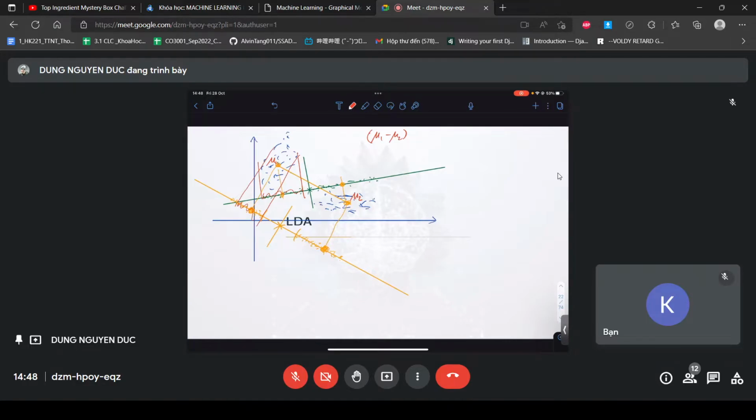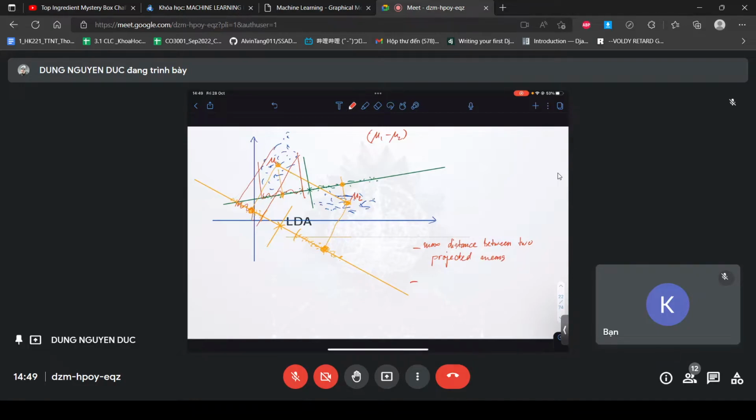Okay? So the core idea here is max. Okay, no, I should not write this. So LDA gives you two criteria. First, maximize the distance between two projected means.